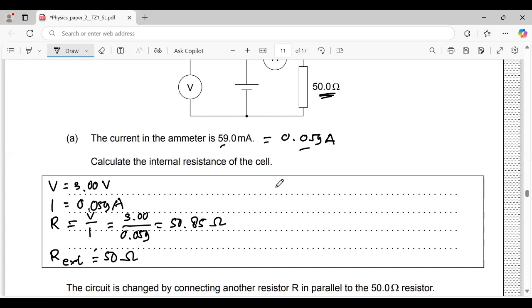Now the total resistance is external resistance plus internal resistance. This is the internal resistance.